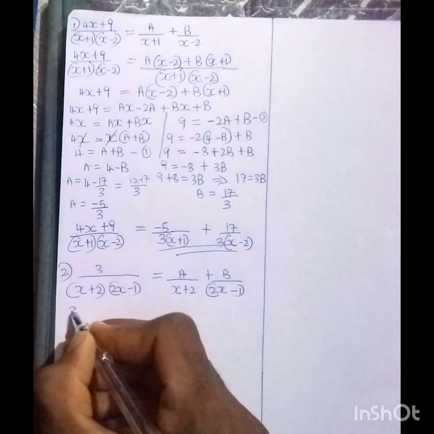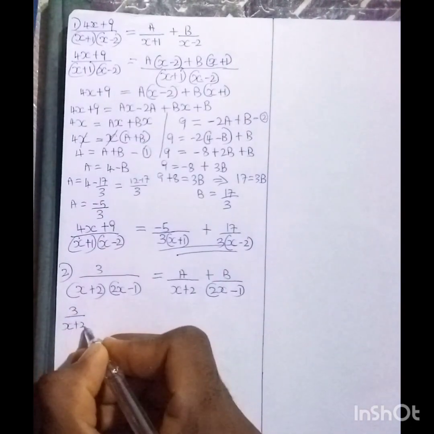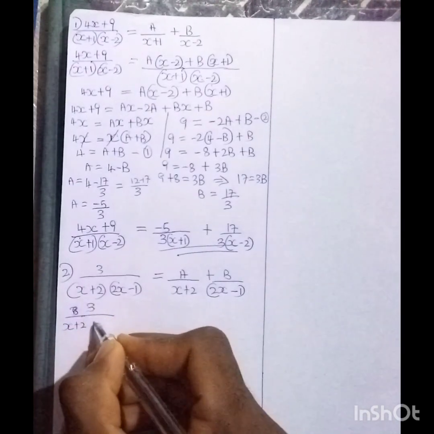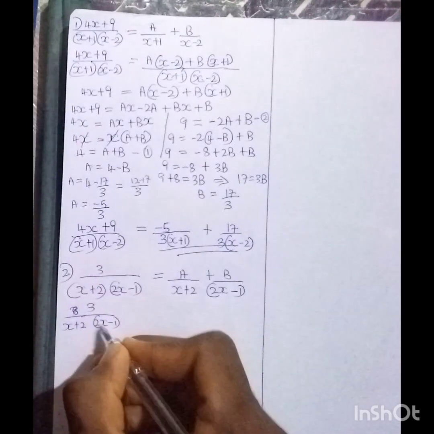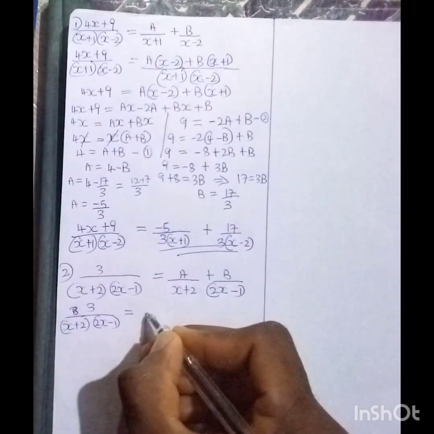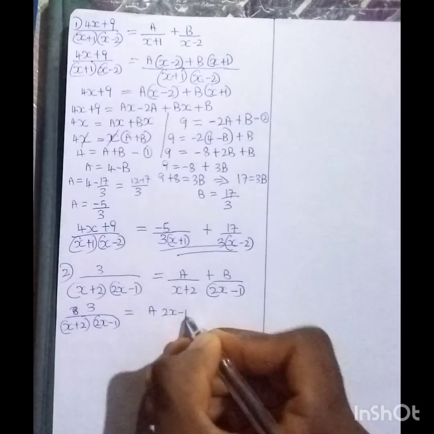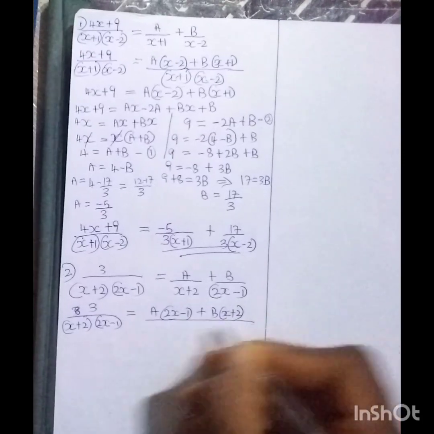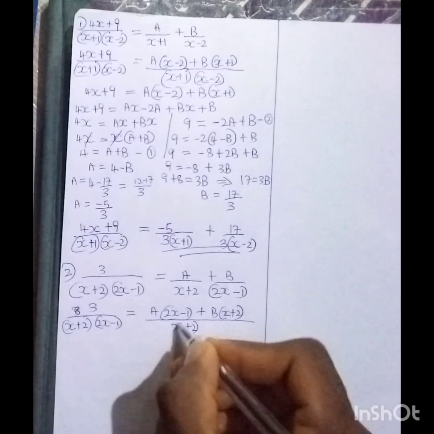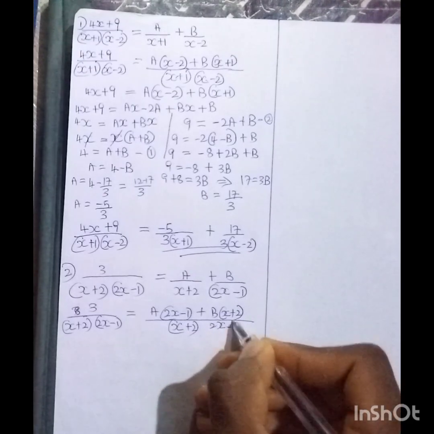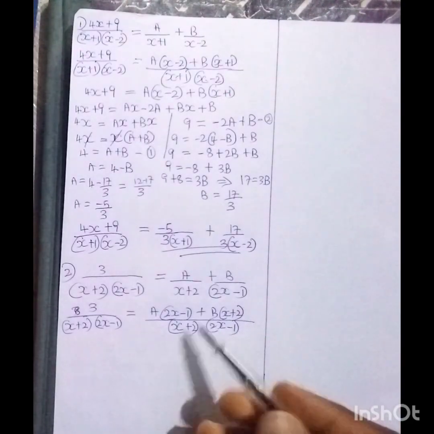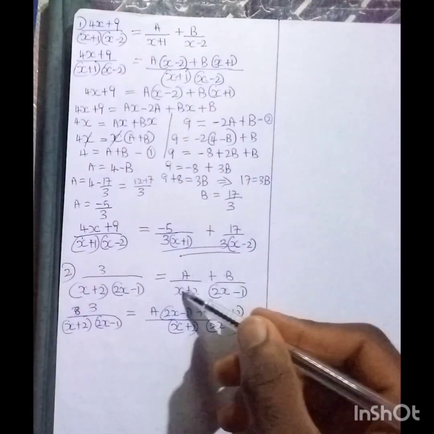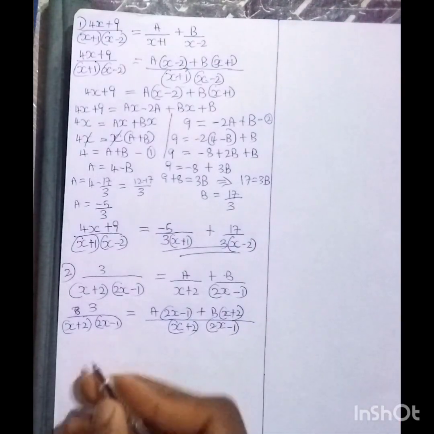So 3 over (x + 2)(2x - 1) is equal to [A(2x - 1) + B(x + 2)] over (x + 2)(2x - 1). The trick you are meant to play here is that A will take this one, B will take this one.